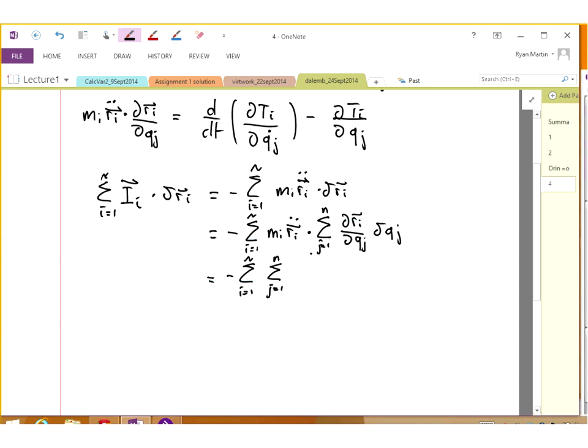And we found that this thing here we could write as the kinetic energy. So we could write this as d/dt of ∂T_i/∂q_j dot minus ∂T_i/∂q_j. And we have the delta q_j at the end.